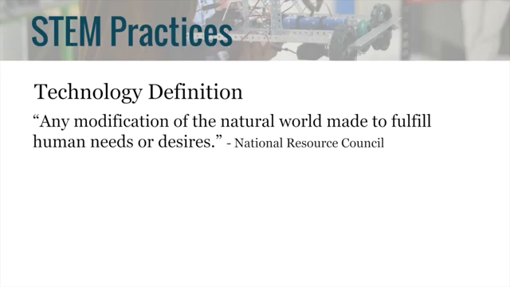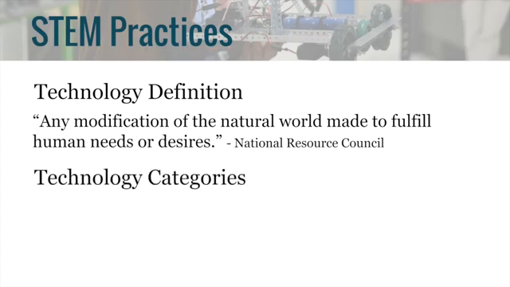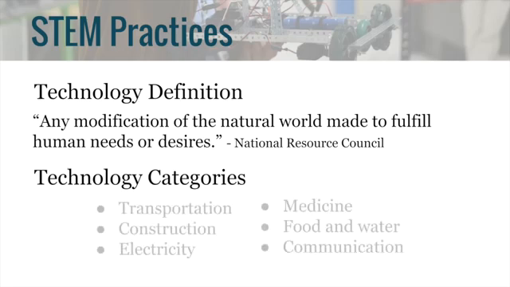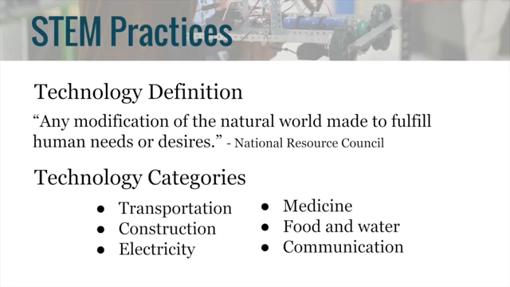So a hammer or a pencil would be examples of technology. The book categorizes technologies into 6 groups that help students understand the world they live in. They are transportation, construction, electricity, medicine, food and water, and communication.